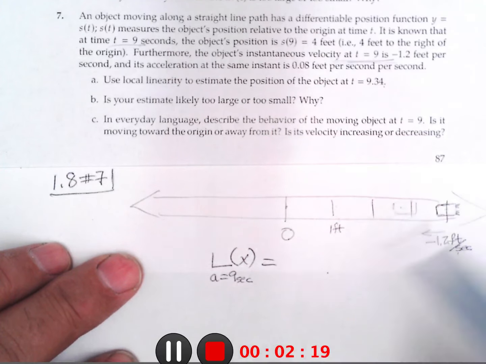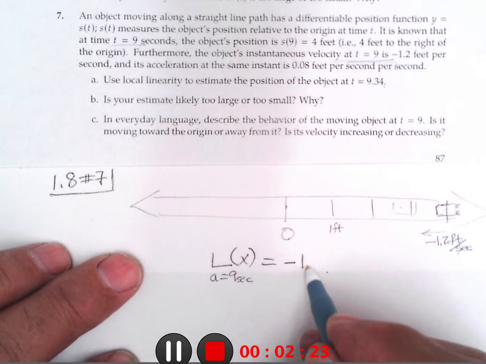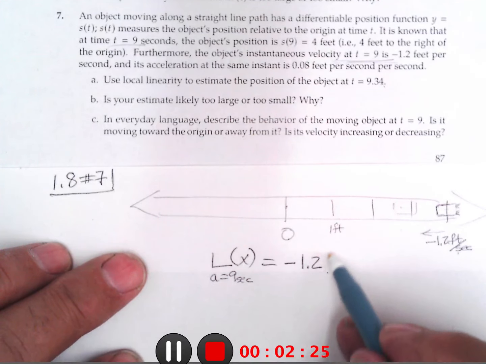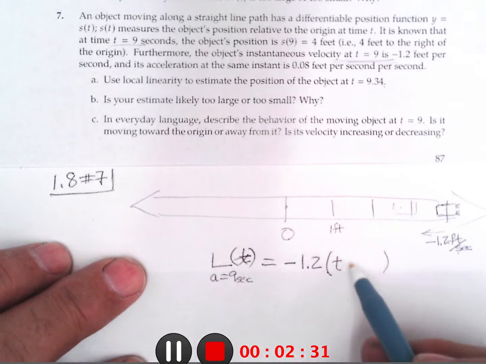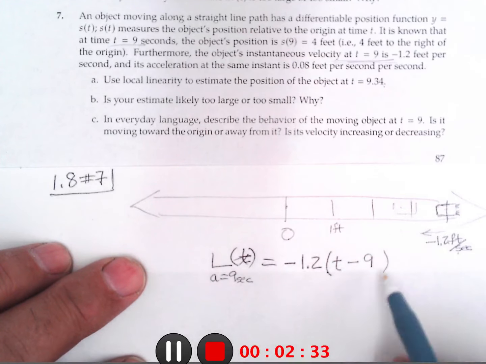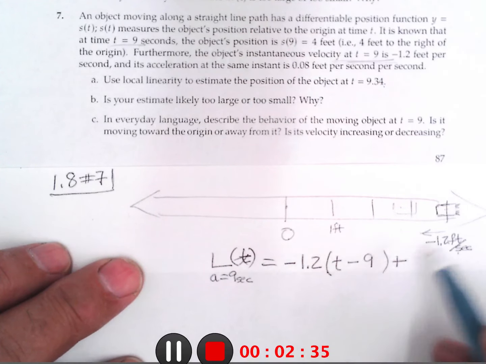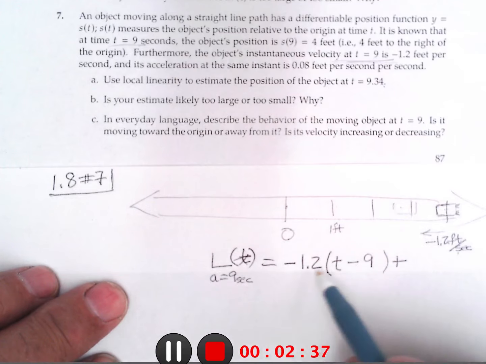That was negative 1.2 feet per second, times t minus 9 seconds, plus where it was at 9 seconds. Oh, it was at 4 feet.